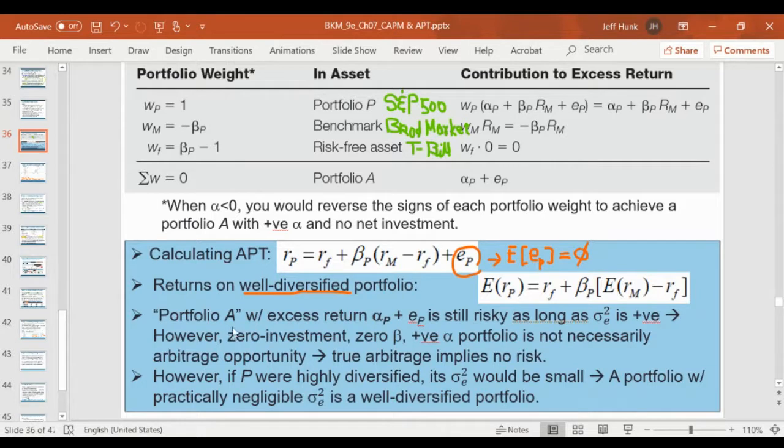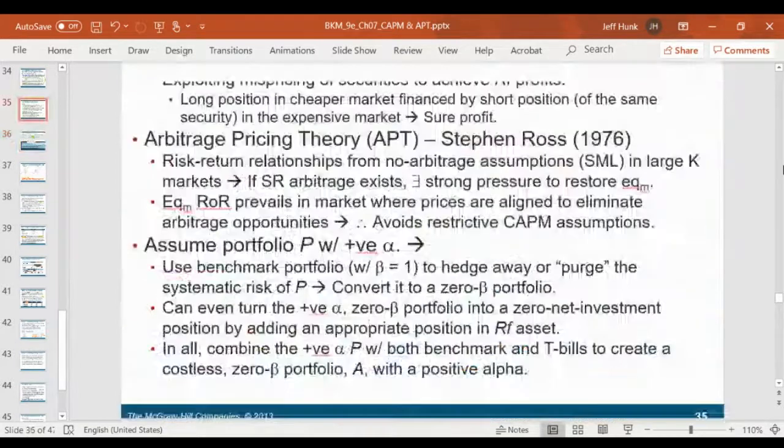Now, the arbitrage portfolio A with this excess return is still risky as long as the variance of the residual is positive, right?